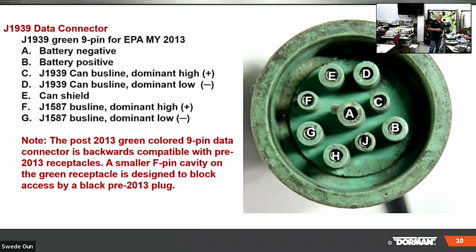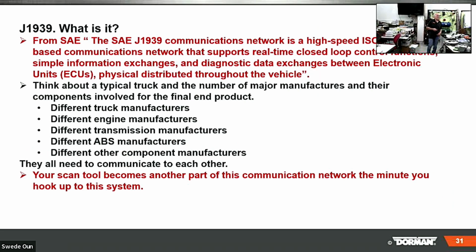Now, the post-2013 green 9-pin is backwards compatible with pre-2013 receptacles. A smaller F-pin cavity on the green receptacle is designed to block access by a black pre-2013 plug. Okay, you don't want any issues.